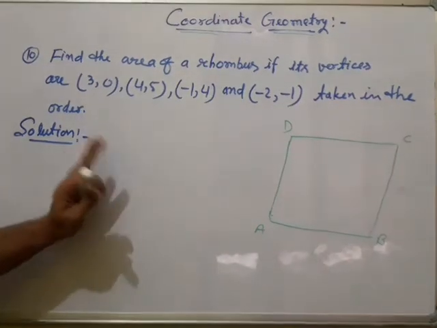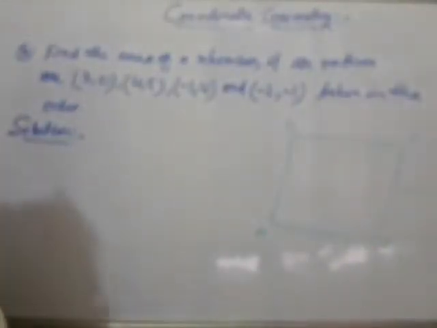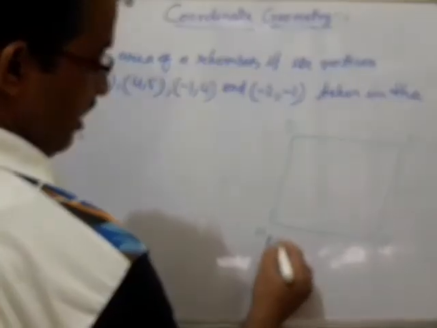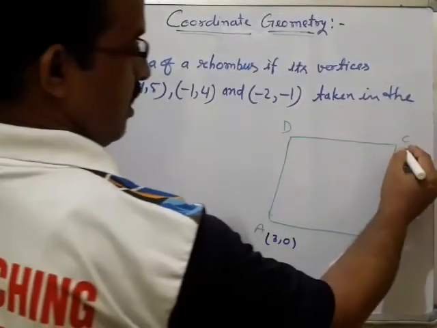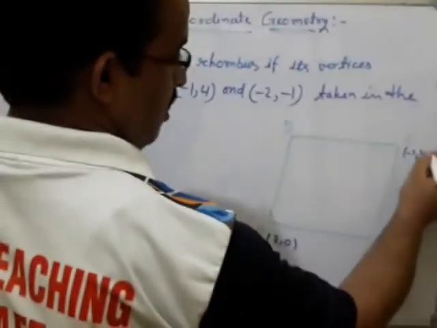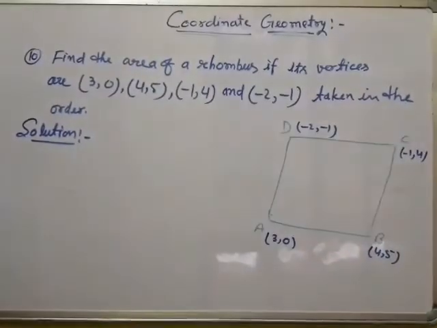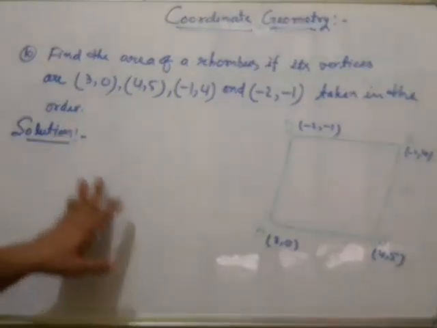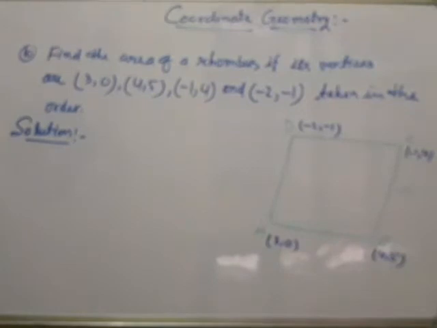एंड जहां पे इसके vertices A, B, C and D दे रहे हैं and their coordinates are also given here: A is (3, 0), B is (4, 5), C is (-1, 4) and D is (-2, -1). Their vertex coordinates are given here. Clear? And put here the diagonals.